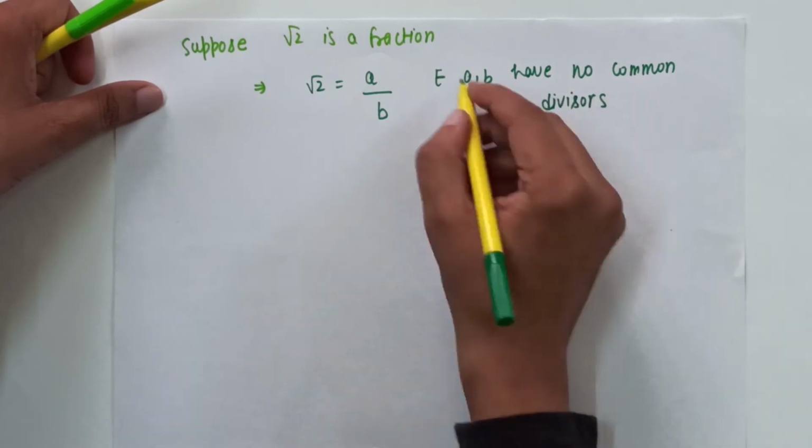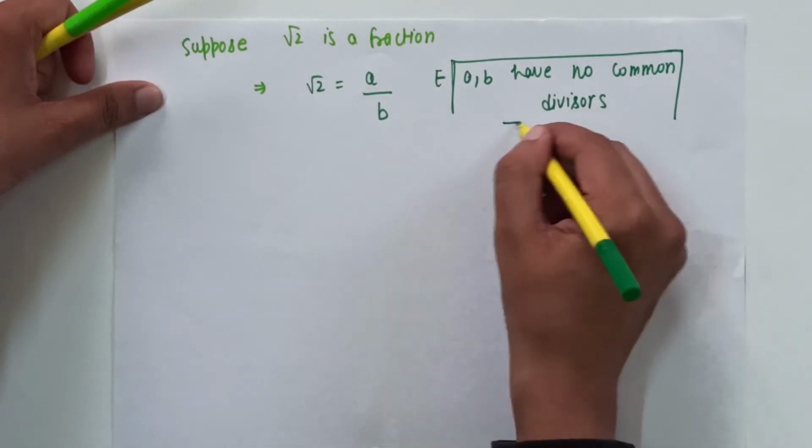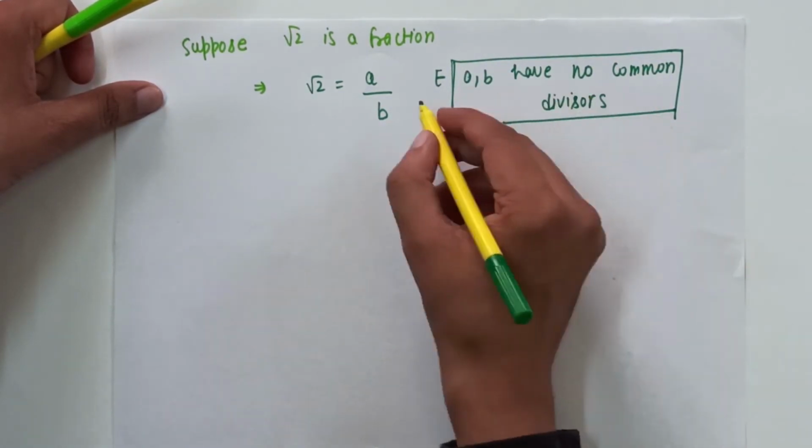What does this statement signify? This signifies that a and b are counting numbers, and we have cancelled off any common divisor in the numerator and denominator, so this is in reduced form.